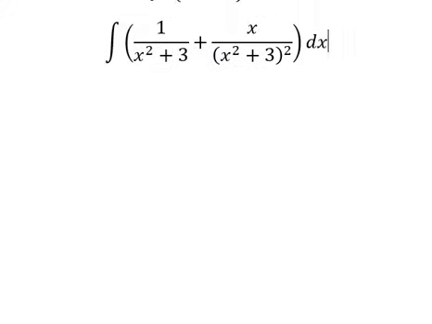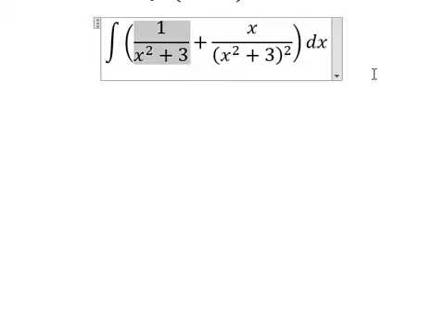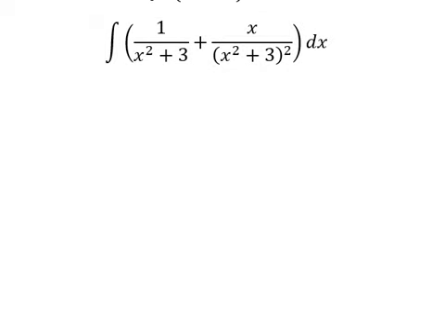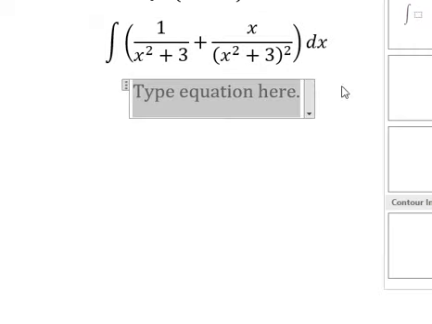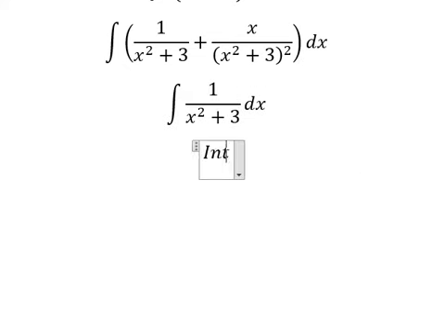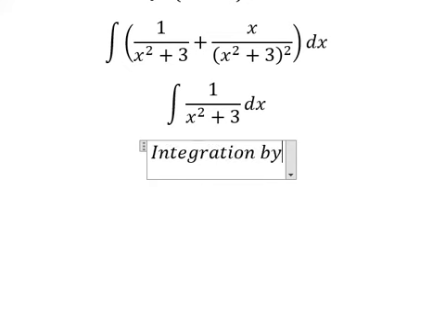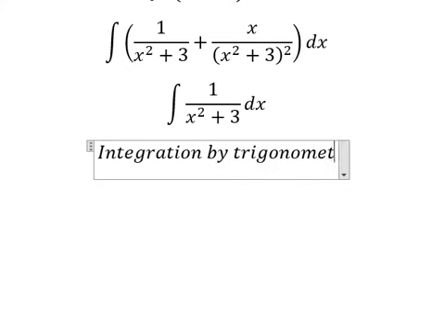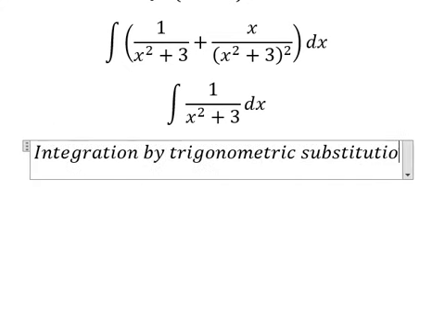Now I will concentrate on this one first. So we need to use integration by trigonometric substitution.